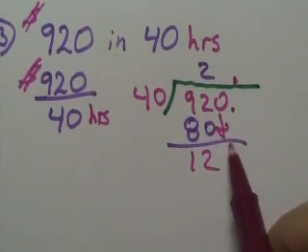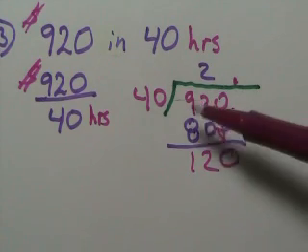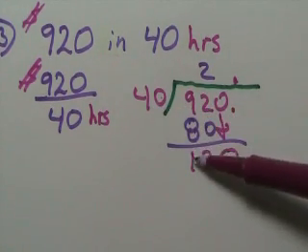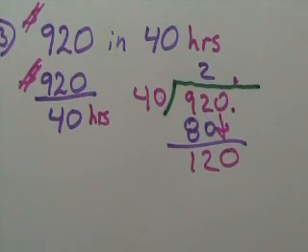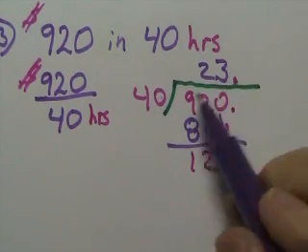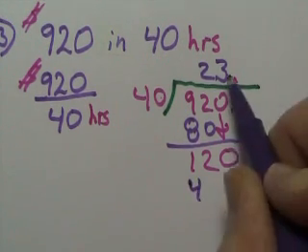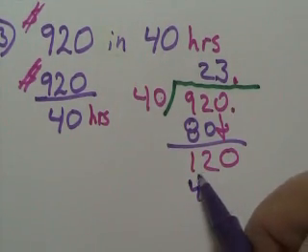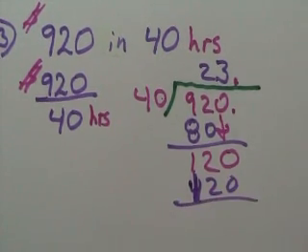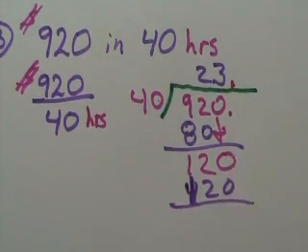So now bring down your 0, 120, 40 into 120. 4 goes into 12 3 times. So that would be 3. 23. 3 times 40 is 120. Okay, so 23.